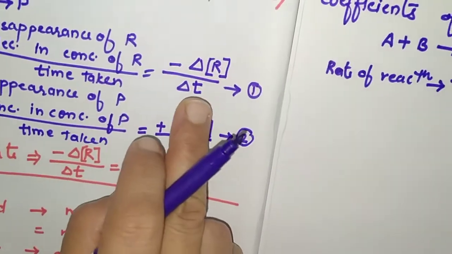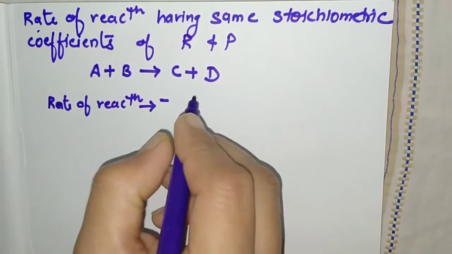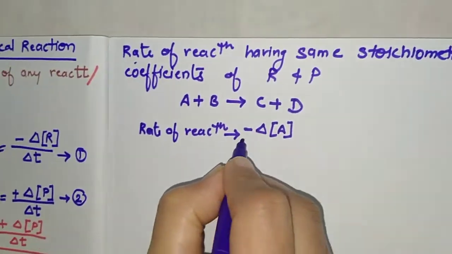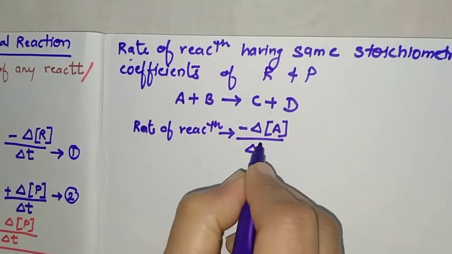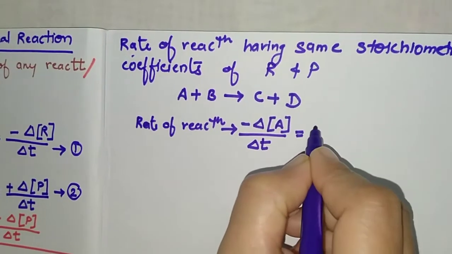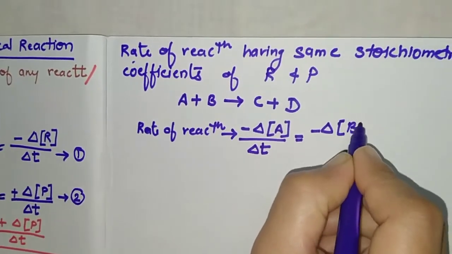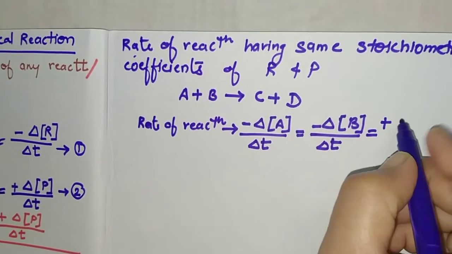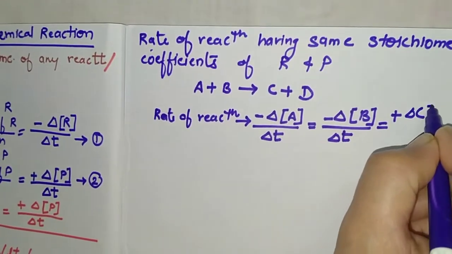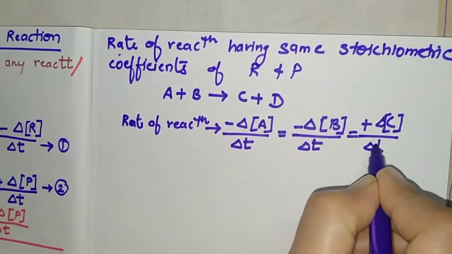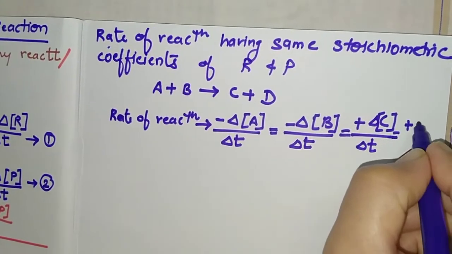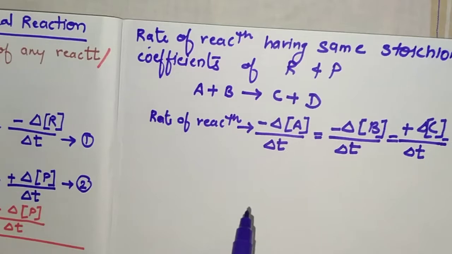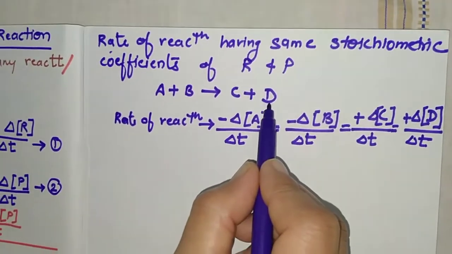Similarly, like this, the increase in product. This is when we have the same stoichiometric coefficients.